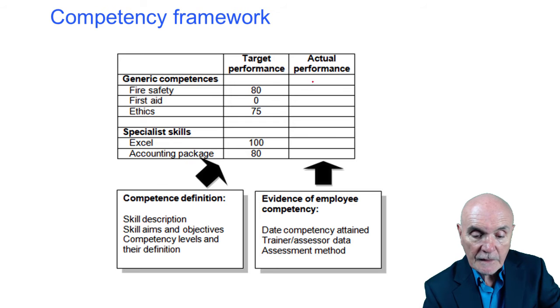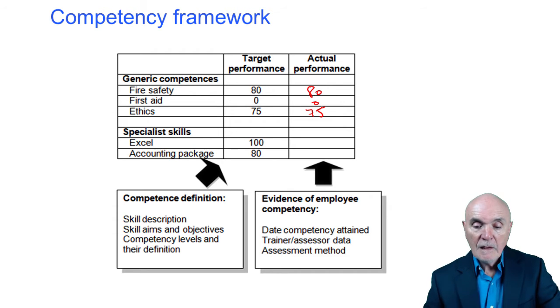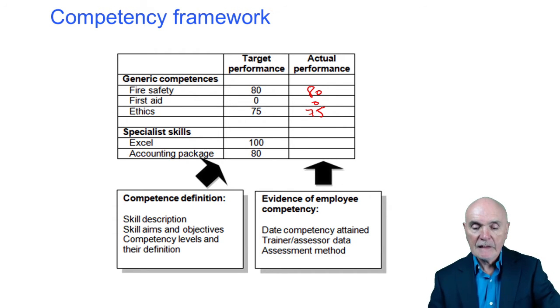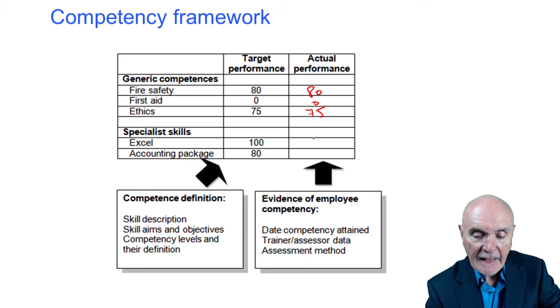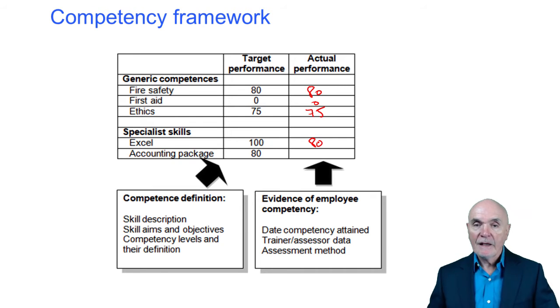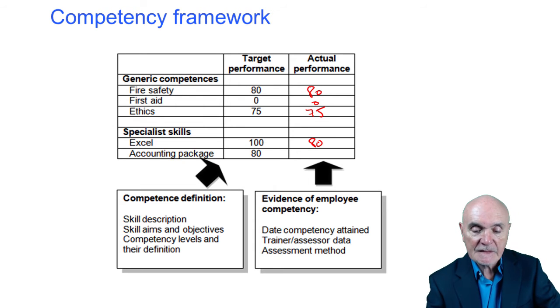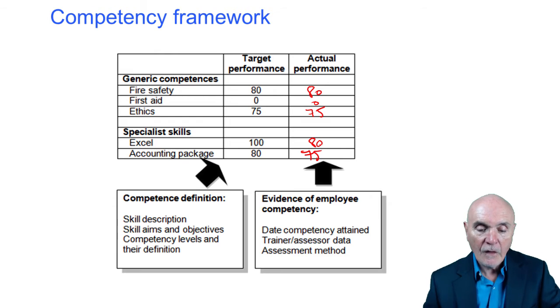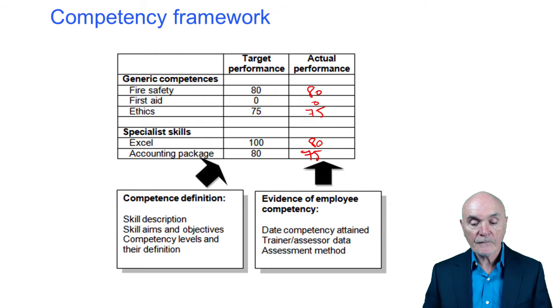So maybe we're absolutely fine on all of this. But a manager is just a little bit dubious maybe at how good we are at Excel. We can't do pivot tables or something, or can't draw graphs or something slightly fancier, and they reckon we're maybe pretty nearly there on the accounting package.